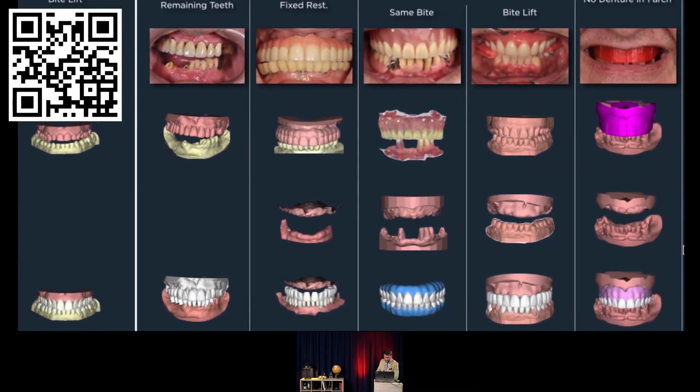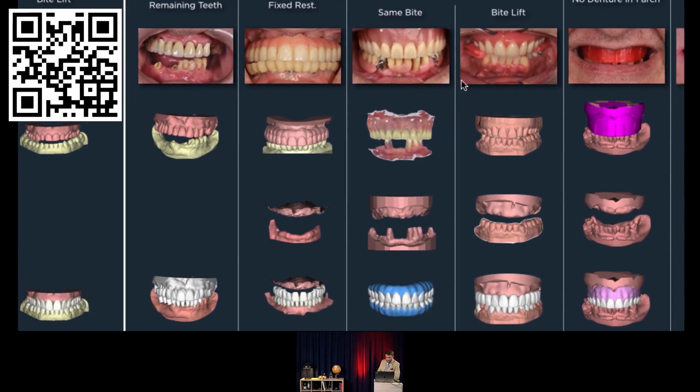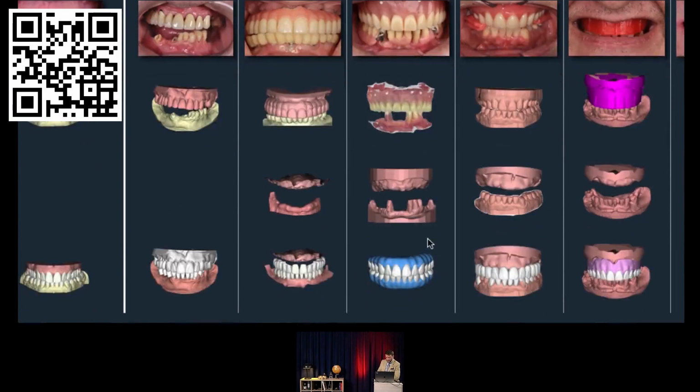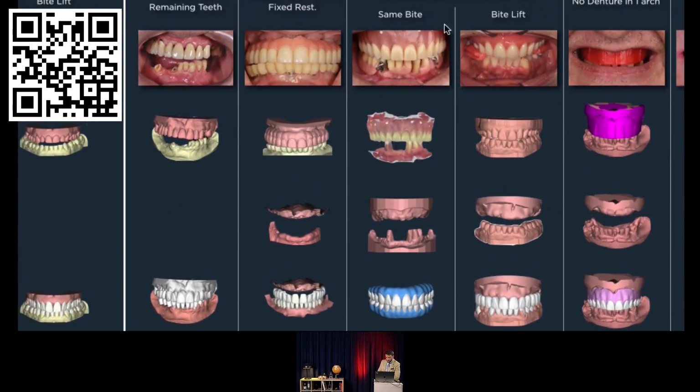Patient has old dentures, removable dentures, but they're pretty good. Vertical is not bad. You just ask them to bite and you scan. No problem. And you use this vertical, this jaw relationship, to design the new prosthesis. We are moving from a removable to an implant supported, but the existing removables are not bad in terms of jaw relationship and vertical dimension. Similar situation.